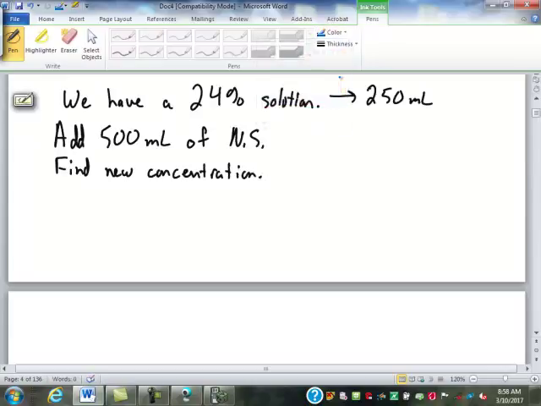Well, if you recall from last unit, we talked quite a bit about these concentrations in solutions. And what we had was the amount of the active ingredient, the serum basically, is equal to the concentration times the volume.